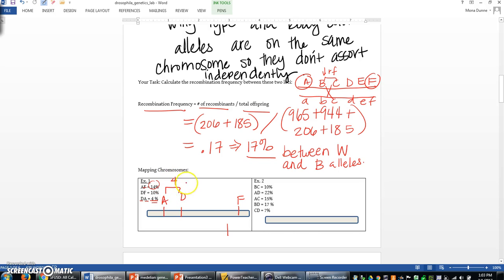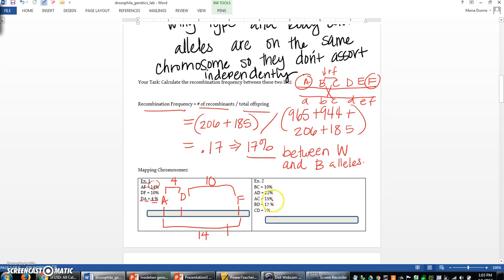So that's 4%. This is 14%. So we would think that from D to F would be 10, okay? And that is what we see because 10 plus 4 would equal our 14 here. Okay, so we can conclude that the order of the alleles here is ADF or FDA. But anyways, D is going to be in the middle and closer to A.